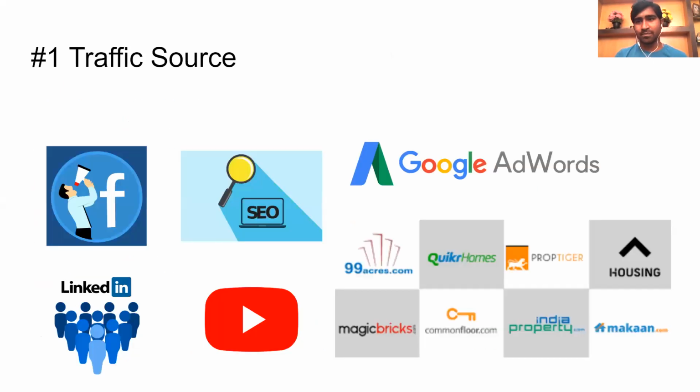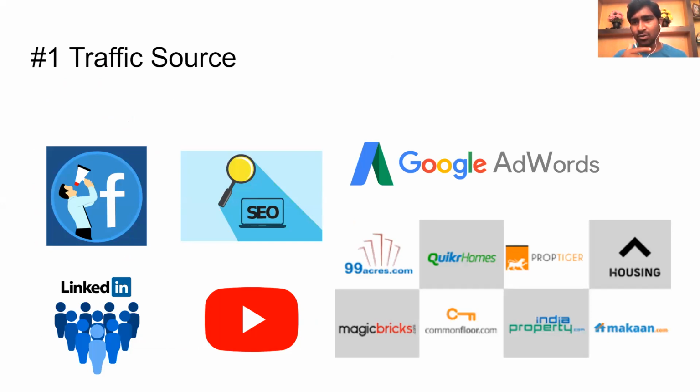So here are the different traffic sources: Facebook ads, search engine optimization, Google ads, LinkedIn ads, or YouTube. Or for real estate, you have online portals as well, like 99acres or MagicBricks. These are all the traffic sources.